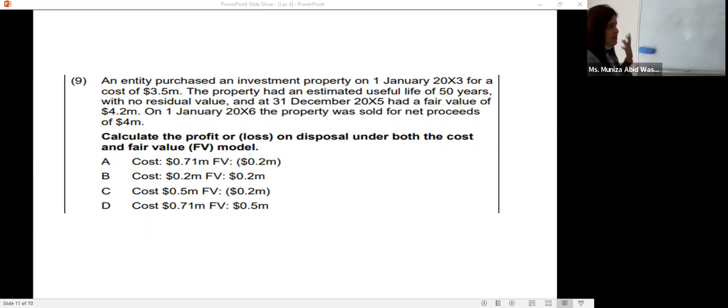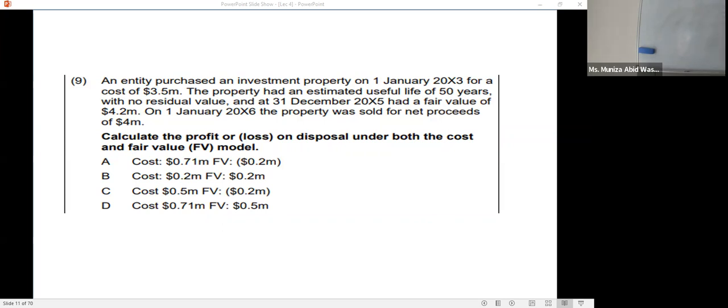Under IAS 40, if we are taking the cost model, then there is depreciation. Under fair value model, there is no depreciation. That is why our gain or loss on disposal will be different. The cost is 3.5 million on 1st January 2003.